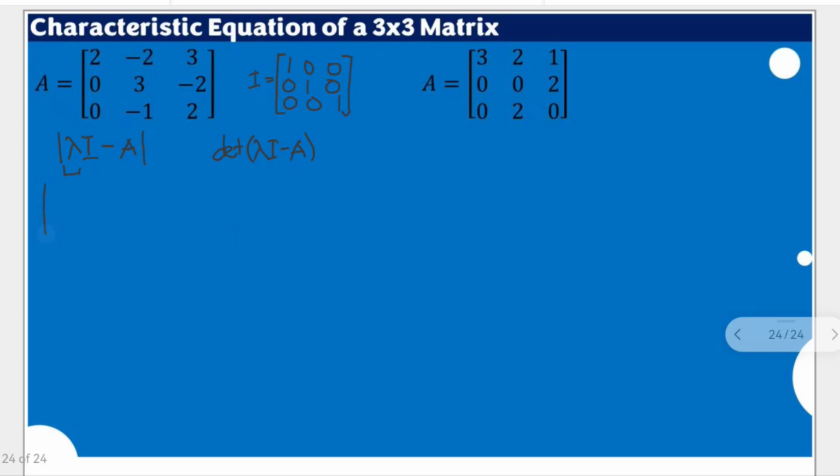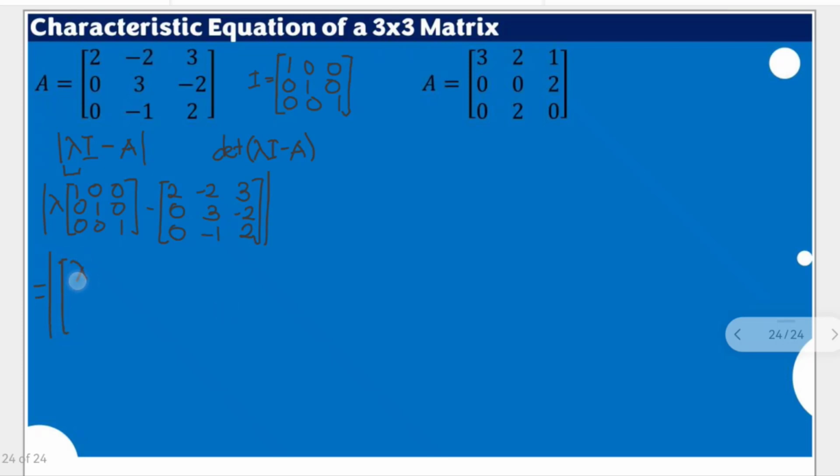So let's come up with the expression or equivalent matrix form using this. You have identity 1, 0, 0, 0, 1, 0, 0, 0, 1, then minus our given A: 2, negative 2, 3, 0, 3, negative 2, 0, negative 1, and then 2. Let's continue by multiplying lambda to all the entries in our identity matrix.